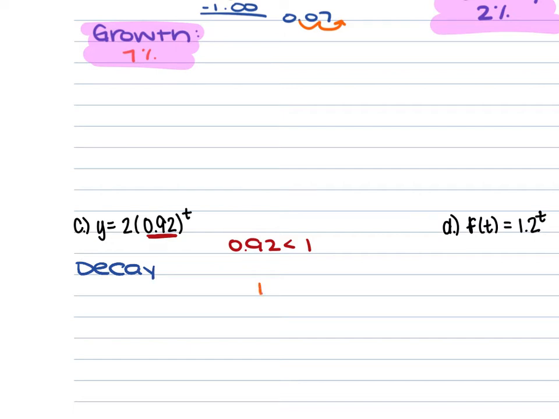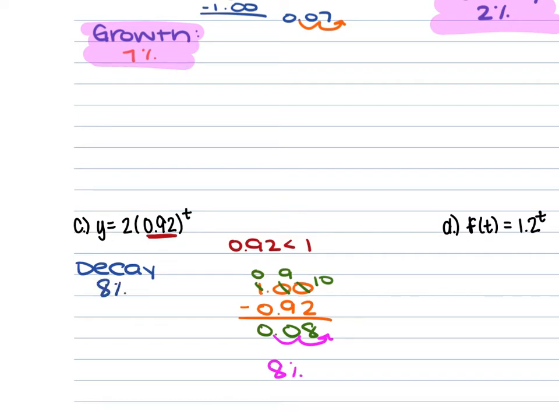So we're going to take 1 and subtract 0.92 from 1. This 0 turns into a 10, this one becomes a 9, this one becomes a 0, so that's 0.08. We turn this into a percent, we move that decimal point 2 places to the right, we have 8%. So that's a decay of 8% each year.